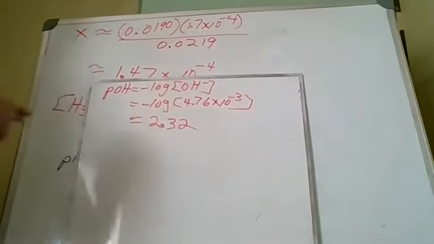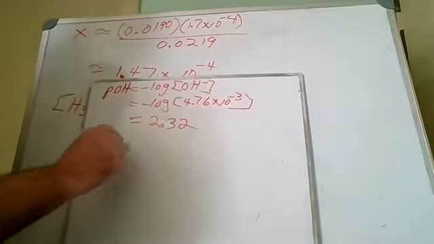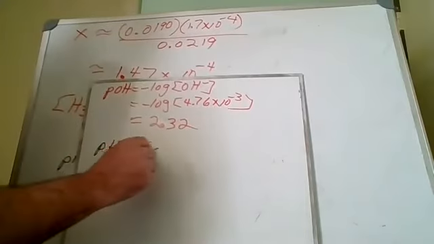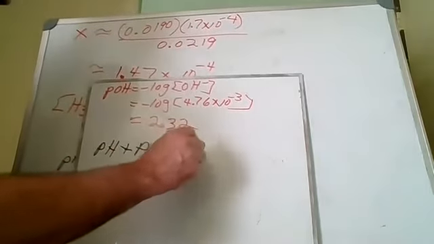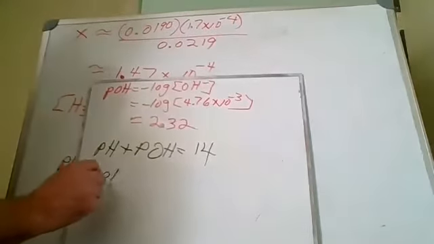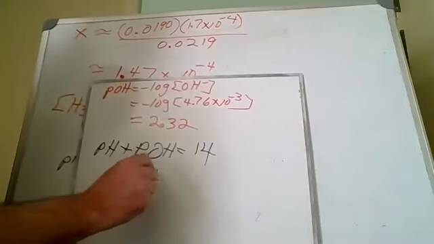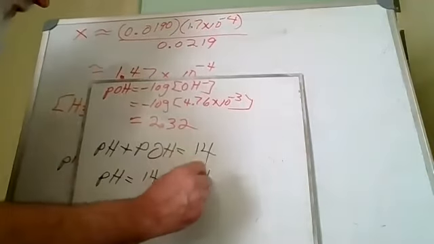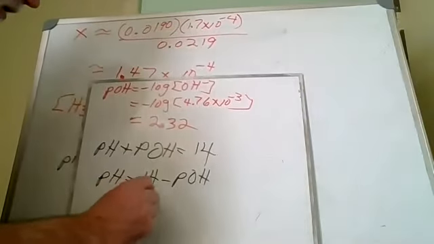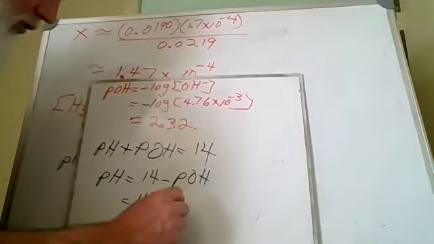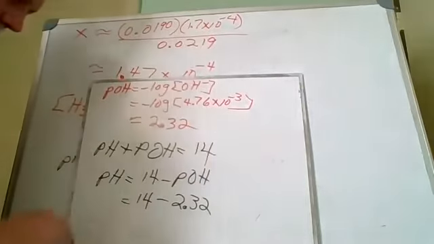So pH plus pOH equals 14. So pH equals 14 minus pOH, or 14 minus 2.32.